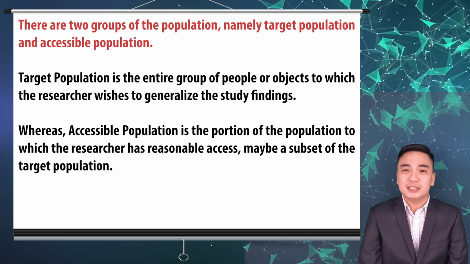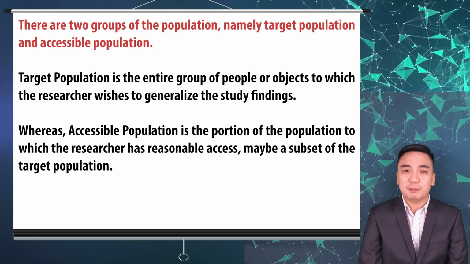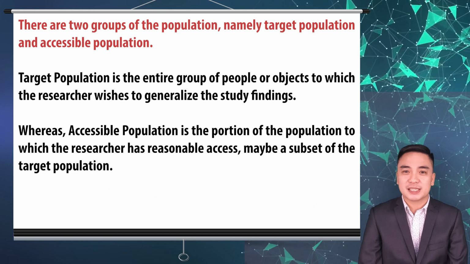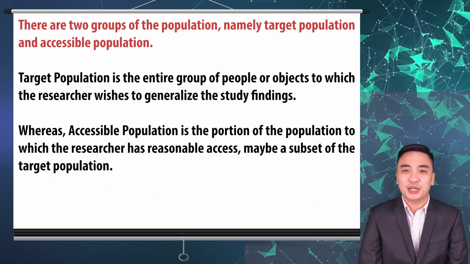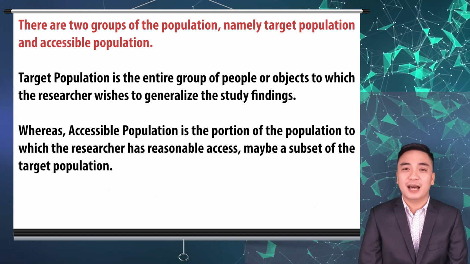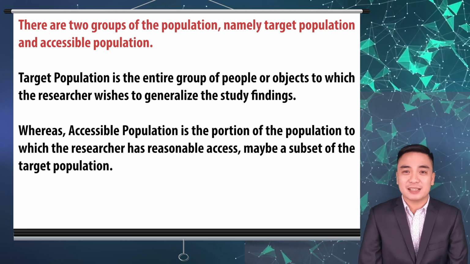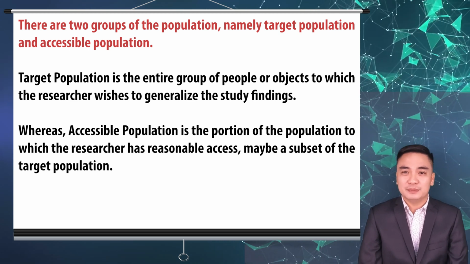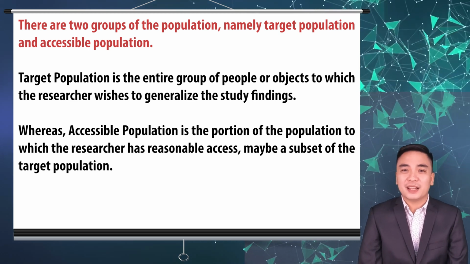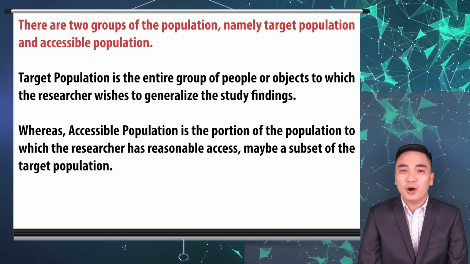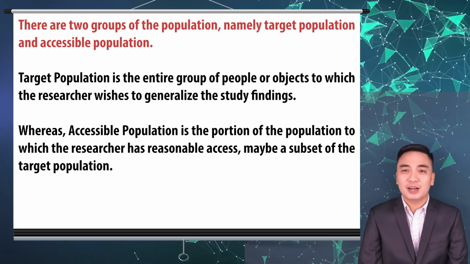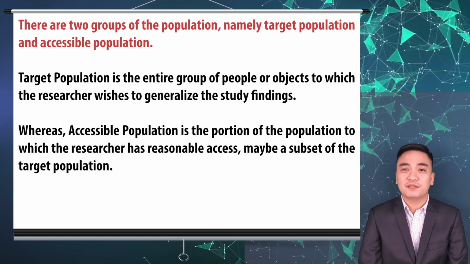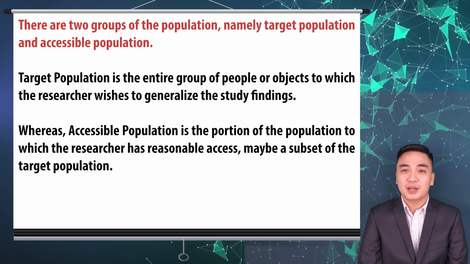Target population is the entire group of people or objects to which the researcher wishes to generalize the study findings. Example: all mathematics teachers, all BSCS students, or all grade 4 learners.